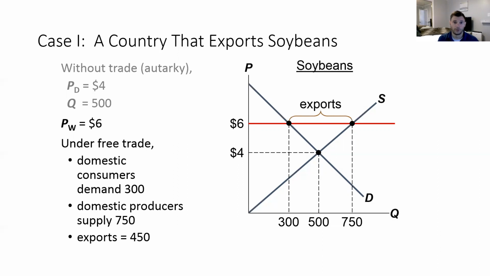Okay, so all the sales are being made at the world price. Sellers will never accept a price any lower than 6, and as a result, buyers will never see any seller offering a price lower than $6 as well. So the buyers know they have to pay 6, the sellers know they're going to get 6. Now, what we want to show here is that when we open up to trade in this export situation, the total surplus has increased, that market efficiency has increased from opening up to free trade.